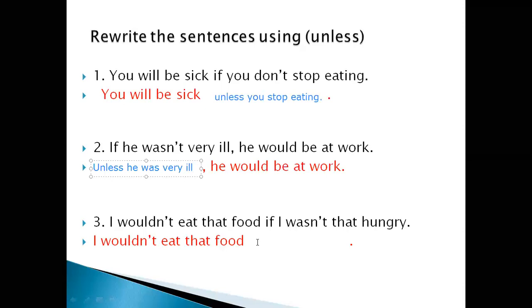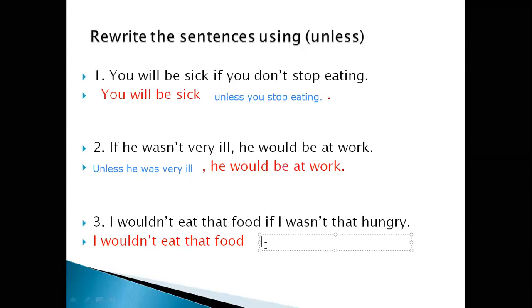What are we going to do in number 3? Number 3: I wouldn't eat that food if I wasn't that hungry. I will have the same part, I wouldn't eat that food, without any changes. Now the part I'm going to change is if I wasn't that hungry.